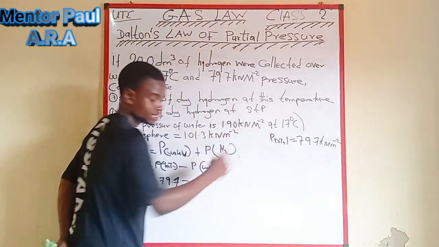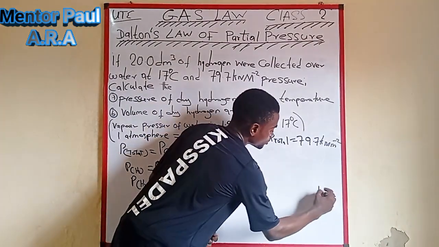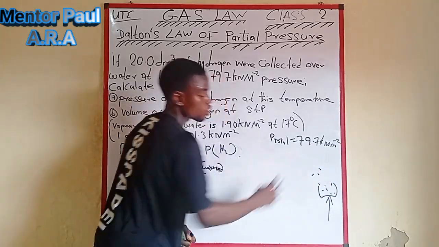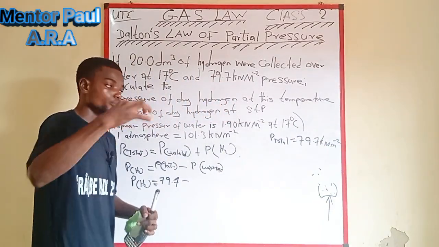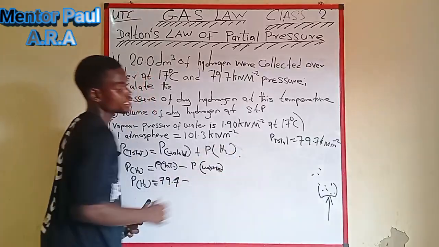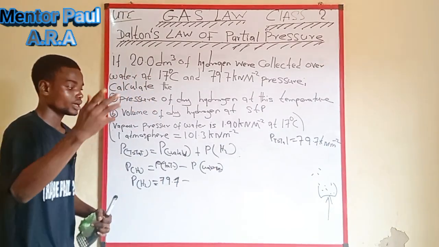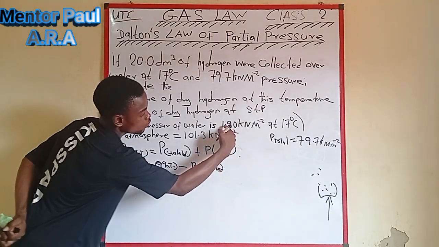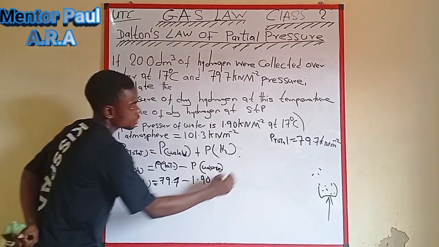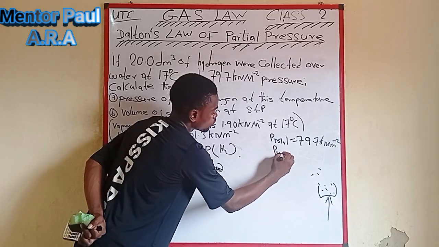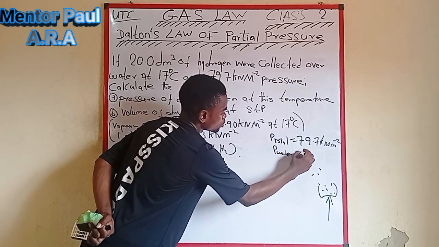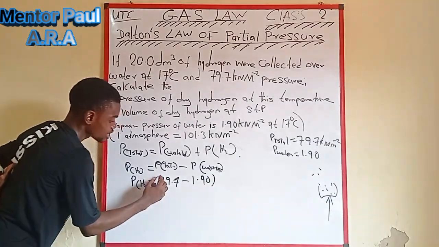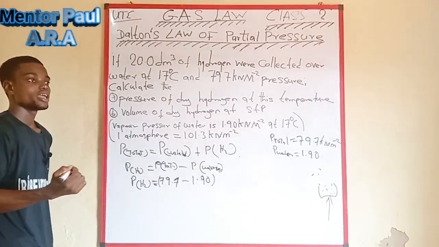Like I told you guys before, when water is evaporating on heating, it has water vapor. So the pressure of that water vapor is 1.90 kilonewton per meter square. So I'm going to minus it: pressure of water equals 1.90. Hope you're understanding. Now once you use this and minus this, you're going to have a value.